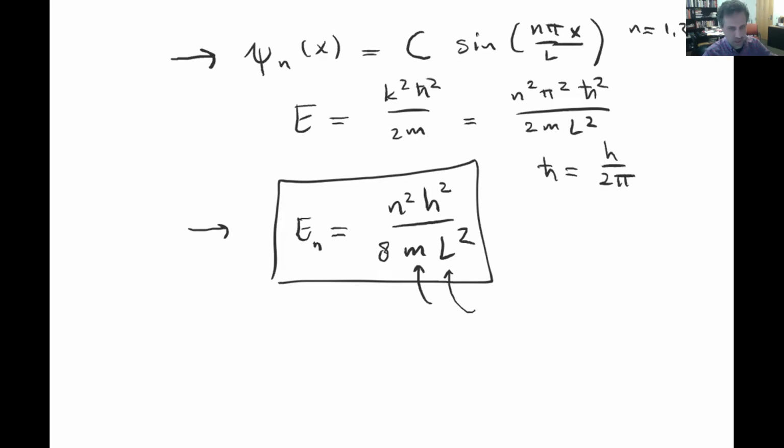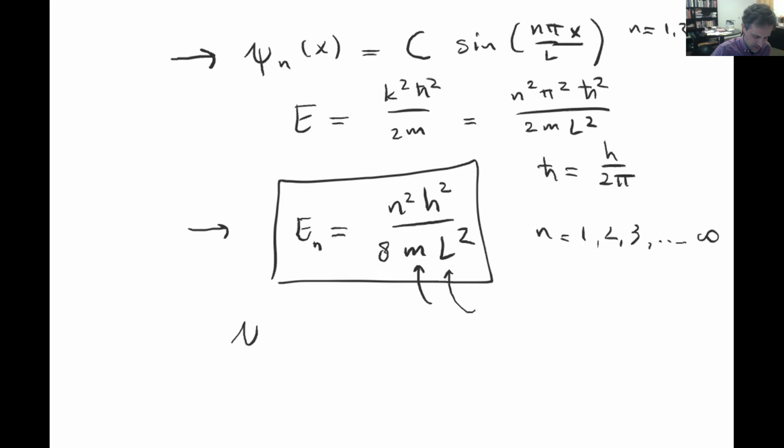There's one more interesting thing, and that is this value of n, because I say the lowest value of n is 1, and then 2, 3, all the way to infinity. But why doesn't it start at 0? Well, that is because if you put in 0, look at what happens to the wave function. The sine of 0 is 0 everywhere, independent of x.